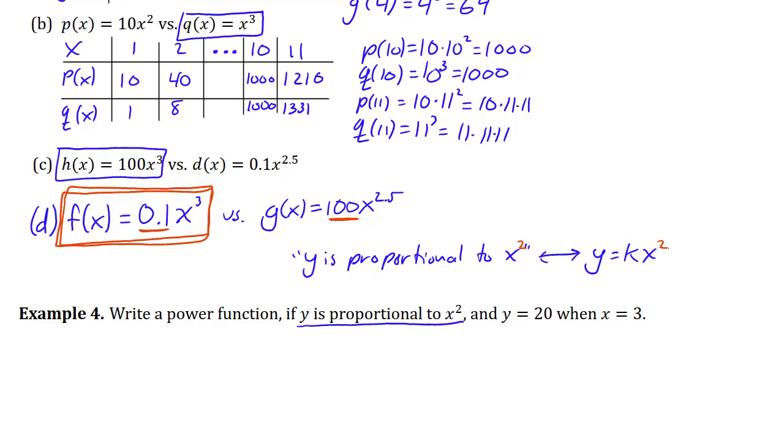So we want a function that looks like this. y equals some number times x squared. But we don't know what the k is. So we don't really have a power function yet.